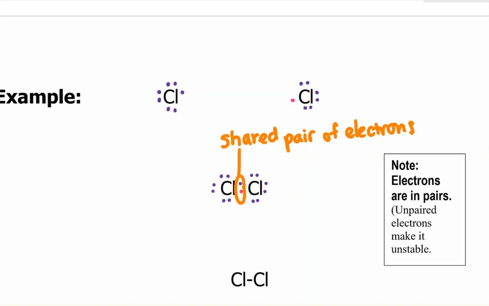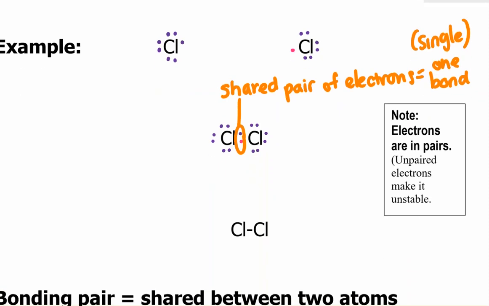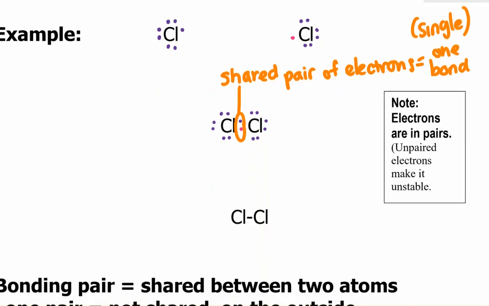And electrons are always shared in pairs, that you never share one. And one shared pair is 1 bond, or we would say a single bond. And so that's what a bond looks like.